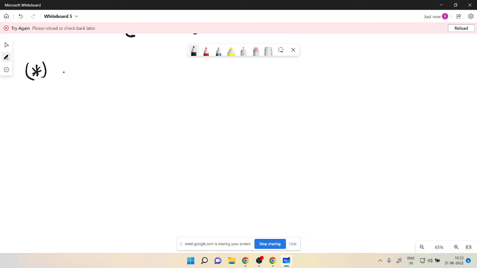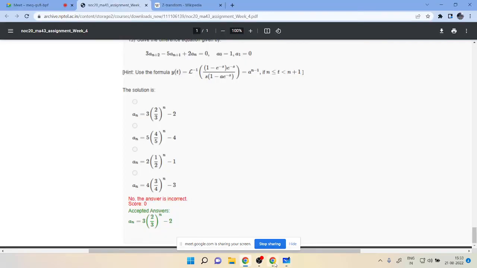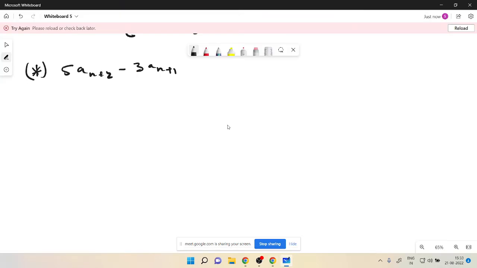So we have a difference equation 5 times a(n+2) minus 3a(n+1) plus 2an is equal to 0. A0 is 1 and a1 is 0.